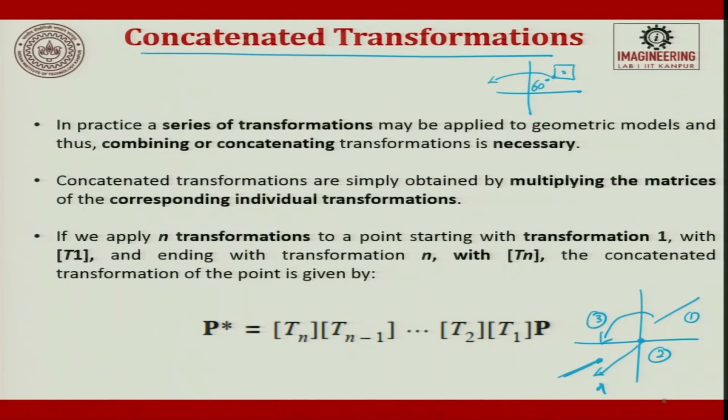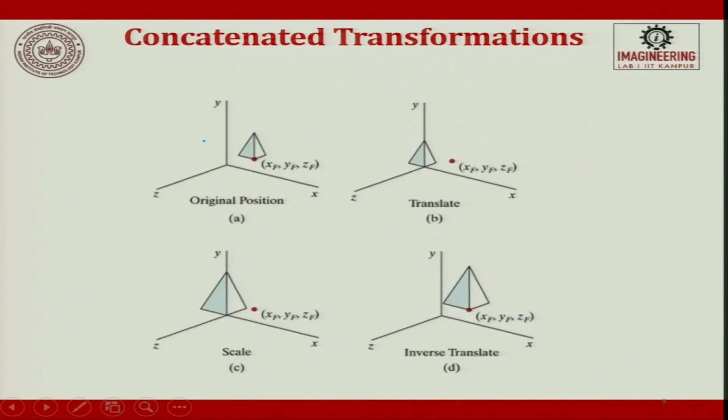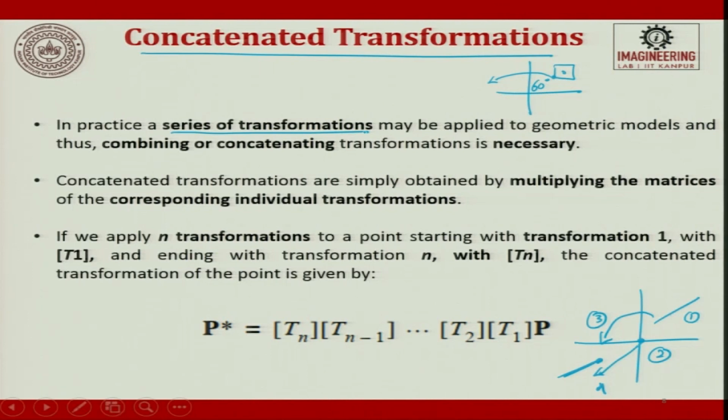Any moving object, when there are several links, where transformations have to happen to get the final coordinates, we use this concatenation. In practice, a series of transformations is applied to a geometric model, and thus combining or concatenating transformations is necessary. That is why it is called concatenation.